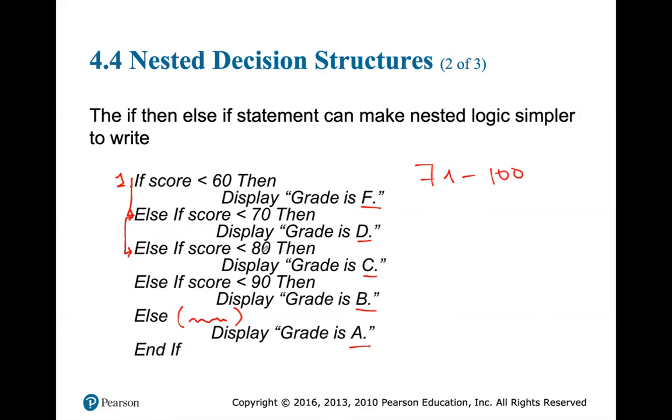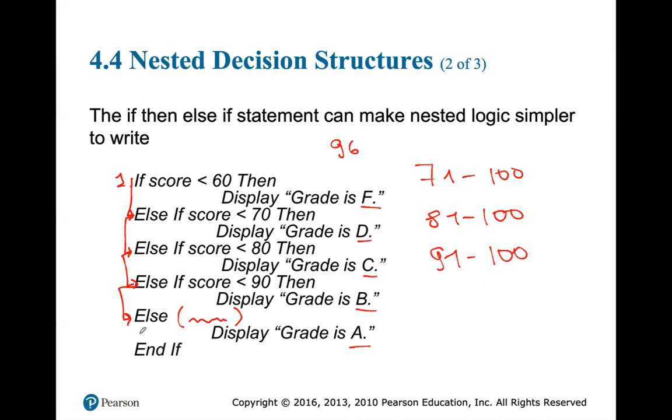So in this case, let's say our grade is 96. This is going to be evaluated to false again. So now what that tells us is that our grade is somewhere within 81 and 100. Again, we're moving on to our next one. If the score is less than 90, our score is not less than 90, so we're moving on to the next one. And that tells us that our score is somewhere between 91 and 100.